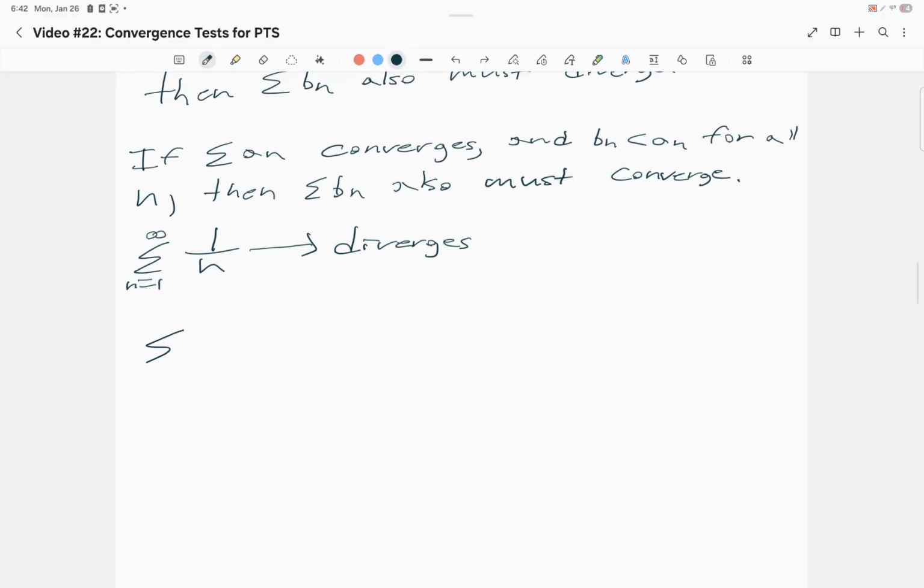Let's say we had the sum from n equals 1 to infinity of 1 over n to the 2/3. Well, n to the 2/3 is always going to be smaller than n for n greater than 1, right? Therefore, if we divide by a smaller number, that's going to make it bigger, right? So 1 over n to the 2/3 is going to be greater than 1 over n.